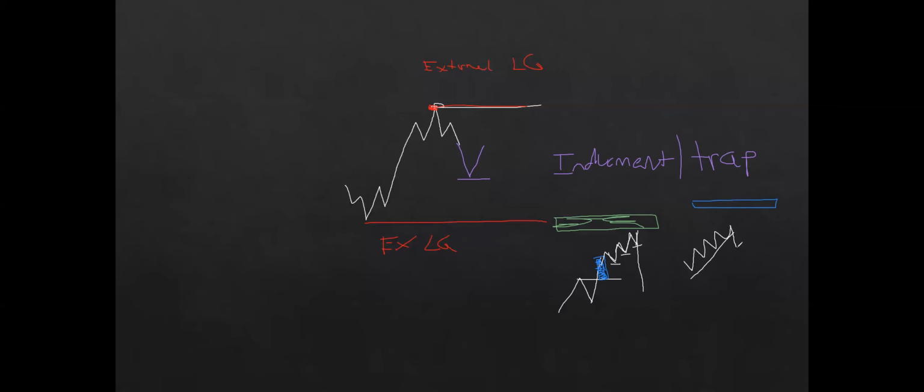And then price, for example here, you see how I broke structure? There are sellers coming into the market here. And then what happens is price pushes up, comes into our POI. And then that's where we short. That is what an inducement is, okay?